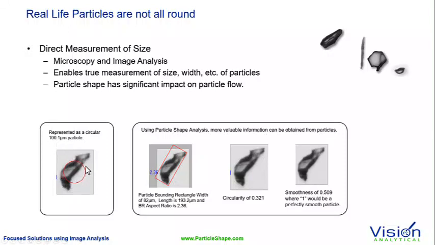If you were to run this on an indirect measurement technique, you'd get something close to 100. But because this is a direct measurement technique, we also have the ability of doing 30 plus more shape measurements, which include length, width, aspect ratio, opacity, smoothness, many different measurements on every single particle, which does help, especially when it comes to fibers, where I think we need to do a little bit more than just look at size alone.